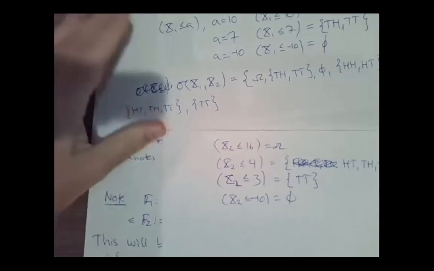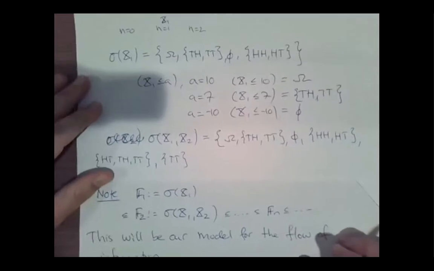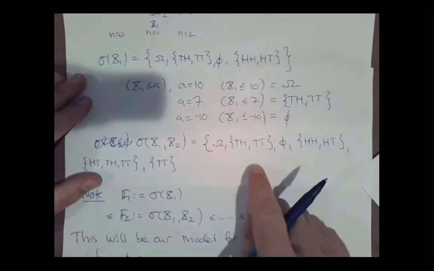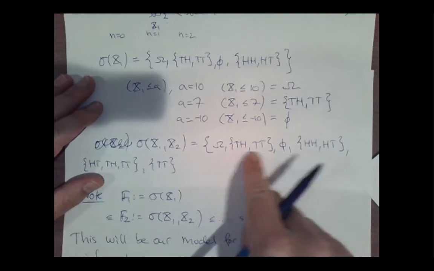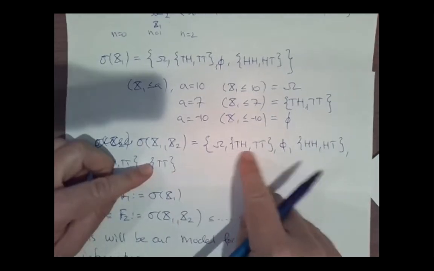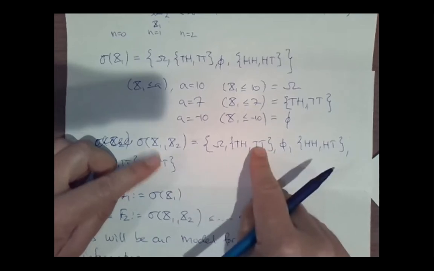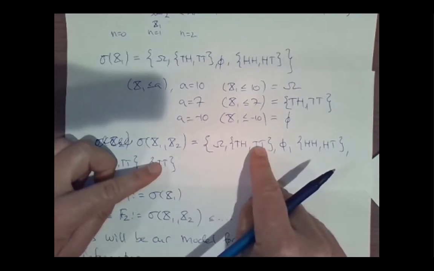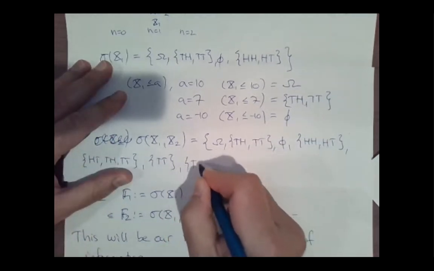We need the complements, and we also need to be stable under unions, intersections, and differences, right? Yeah. Okay, so let's do differences first. I have TT here, I have TH and TT, so I need to have the property that if I take that set minus this set, it has to be in there. That's TH.